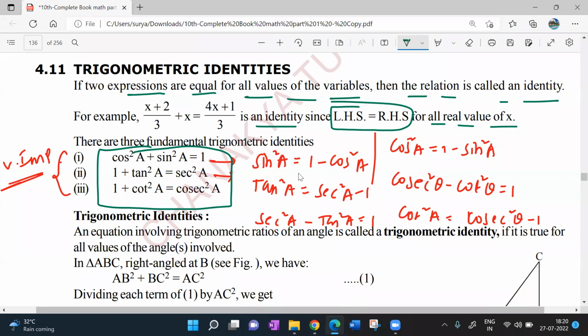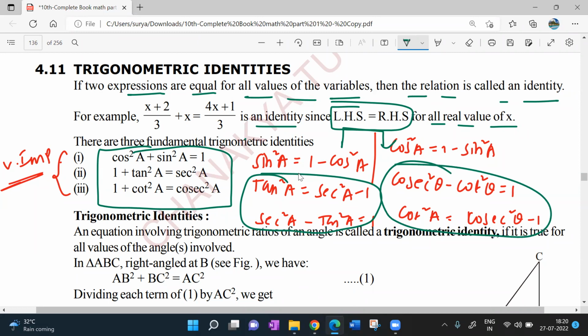So from those three standard results, I can write, look at this here. These two I wrote from the first identity. These two I wrote from the second identity. These two I wrote from the third identity. That's it. Do you understand, children?